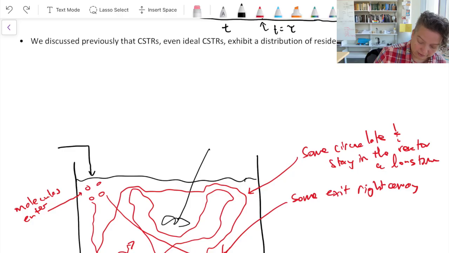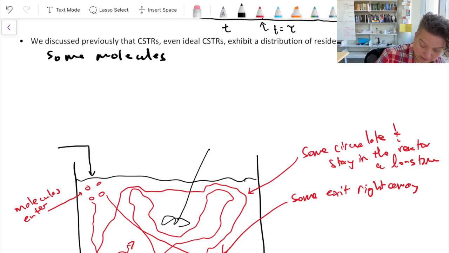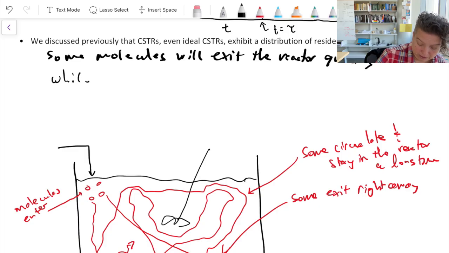So even in ideal CSTRs, there's a residence time distribution, since some molecules will exit the reactor quickly, while others will remain in the reactor for a long time.